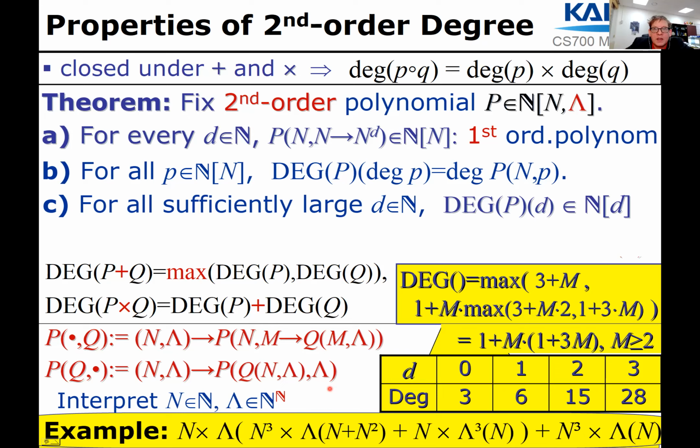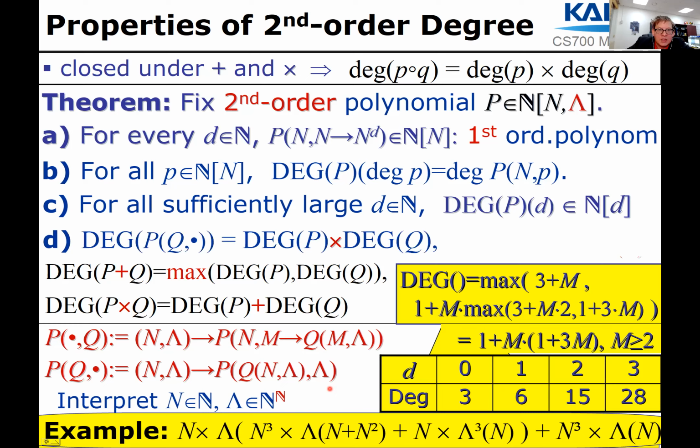And now we can state how the degree gets affected with both different kinds of composition. The second kind of composition, the simple one where we simply plug in the polynomial for the natural number variable, corresponds to this case where we plug in the polynomial q for the integer variable in p.